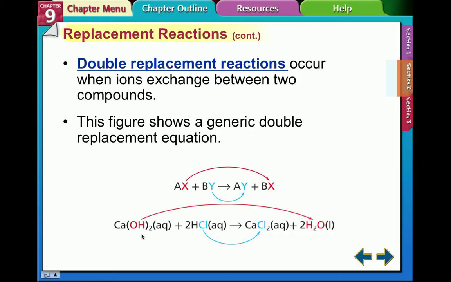So let's look at the example down here. Our negatives are going to move from the reactant side over to the product side. The hydroxide is no longer with calcium, it is now with hydrogen over here. The chlorine is no longer with hydrogen, it moves over to combine with calcium. So you have two things changing places. You have a double replacement reaction.